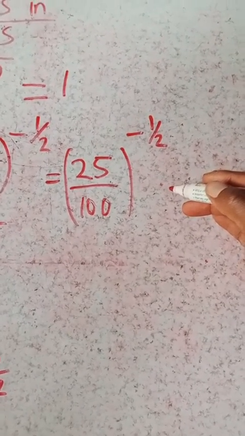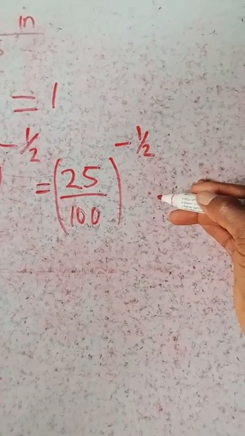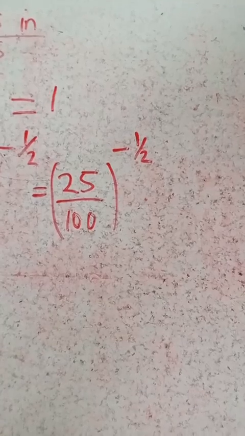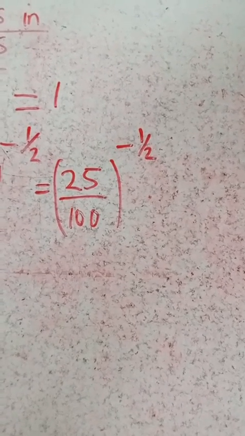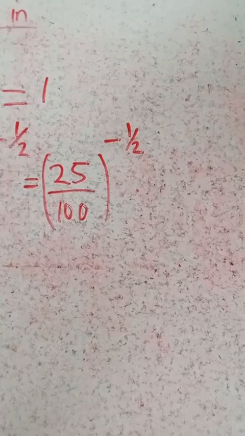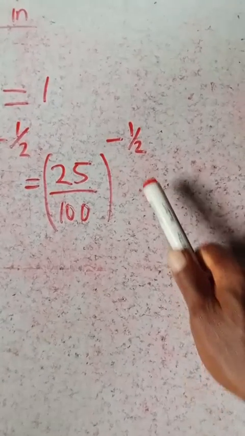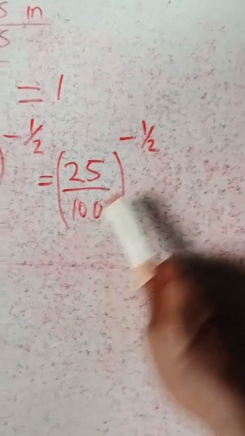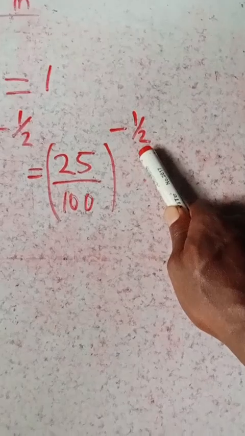Let's begin to apply the laws. In one of the laws of indices, if the power is negative, that is a negative index. Now look at this: 25 over 100 raised to power minus 1 over 2.